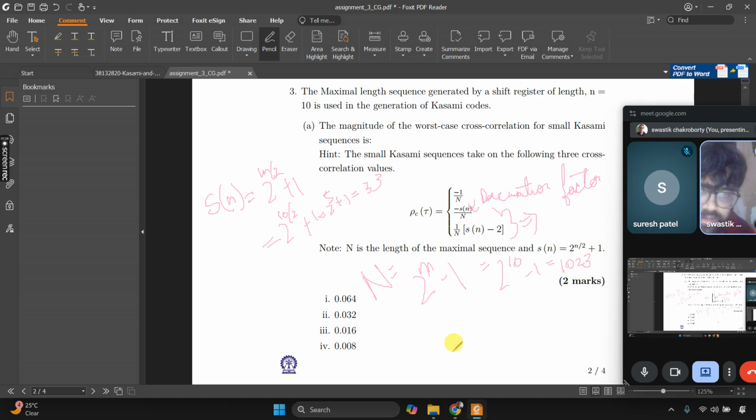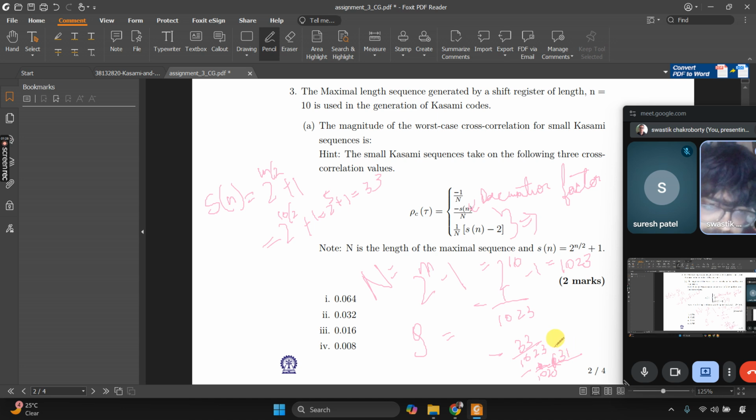So the values of correlation will be either minus 1 by 1023, or minus 33 by 1023, or 1 by 1023 into 33 minus 2, so 31 by 1023.